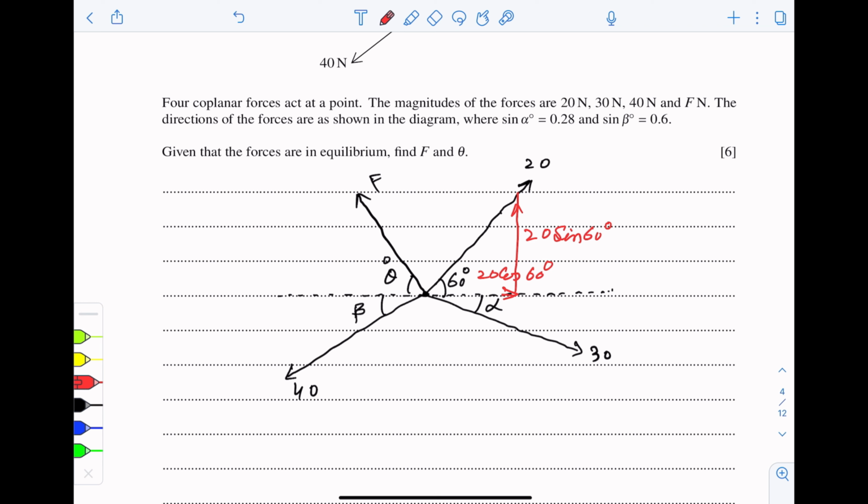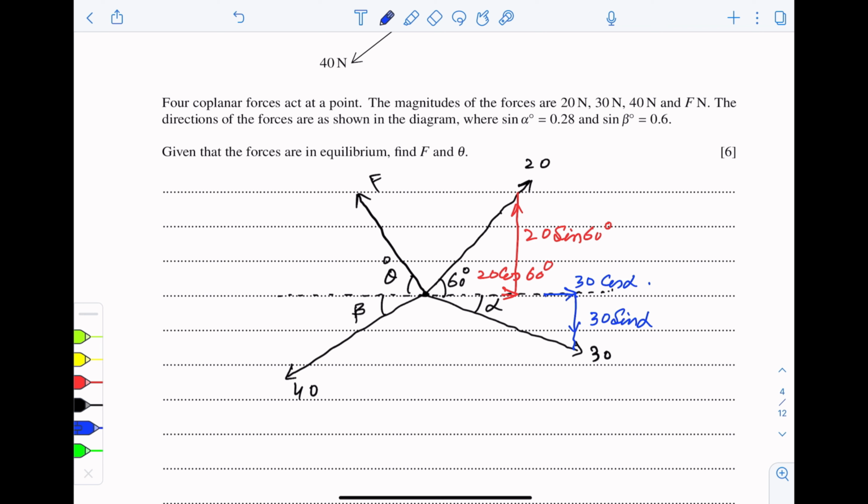Similarly, we will resolve the 30 Newton force. This component is along X direction, this component is along Y direction. This component will be 30 sin alpha. This component is 30 cos alpha.